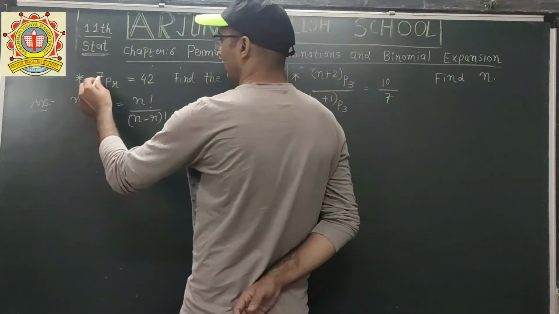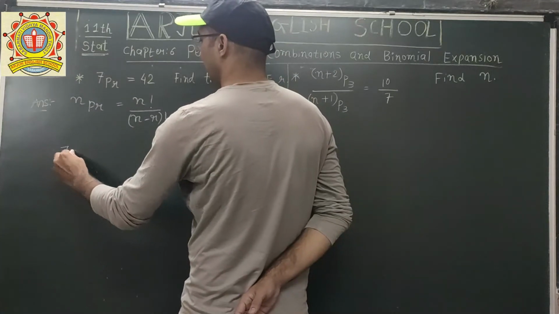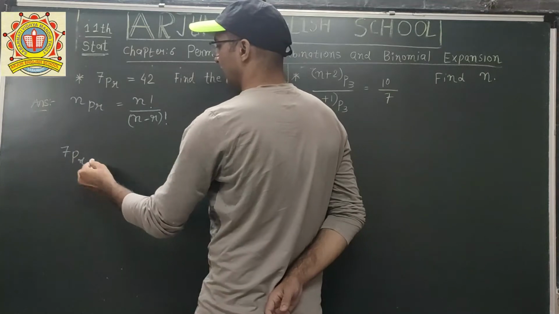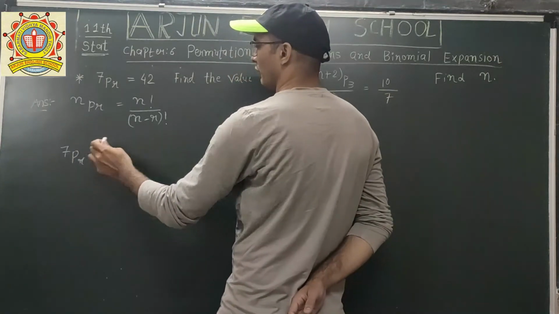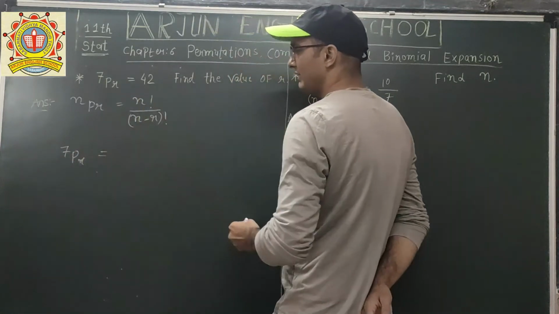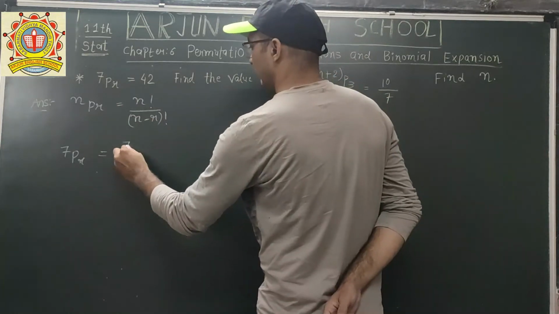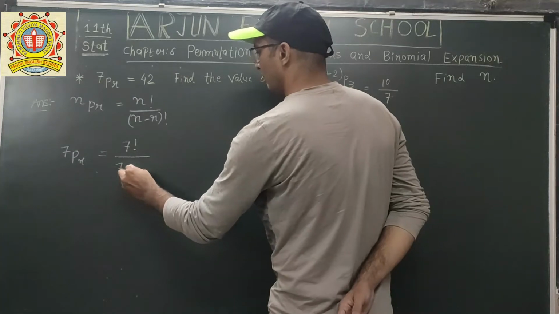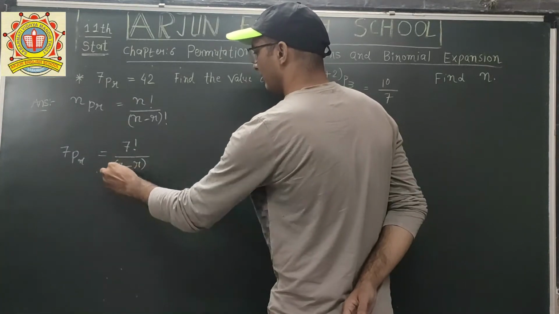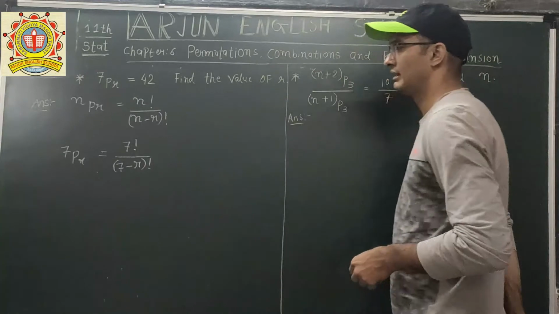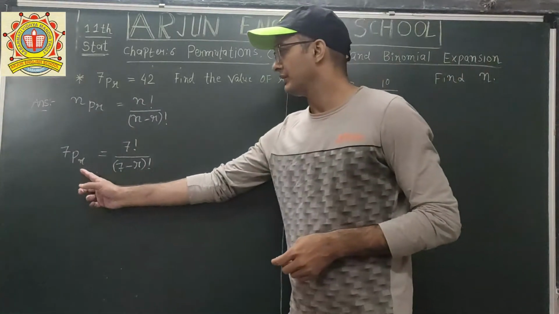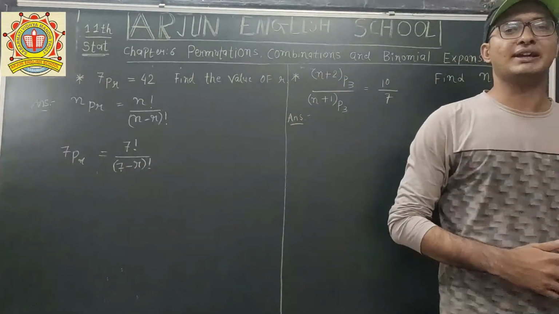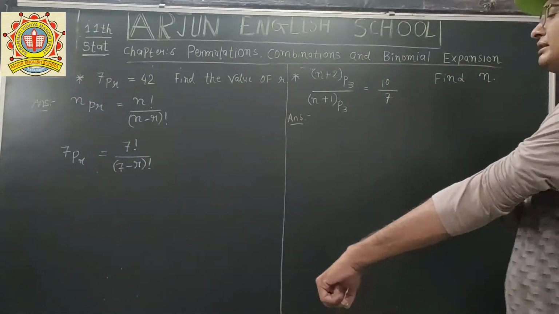Now instead of n it is 7, P stays, and r stays as r. The formula for 7PR means 7 factorial divided by (7 minus r) factorial. In the numerator it is 7 factorial, and in the denominator it is (7 minus r) factorial.